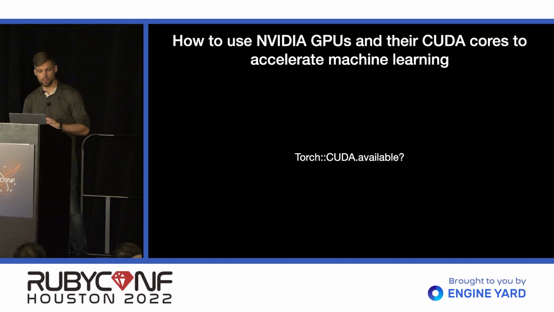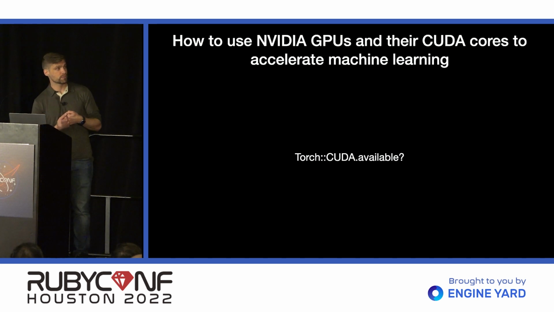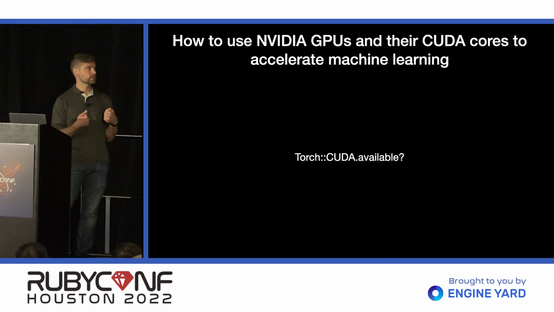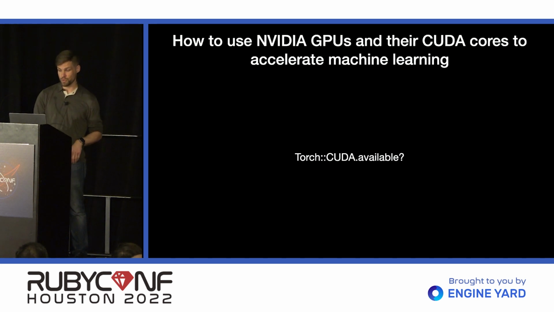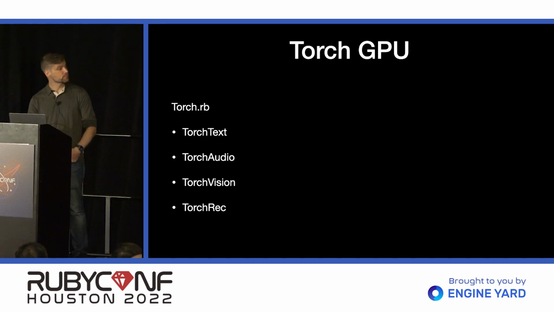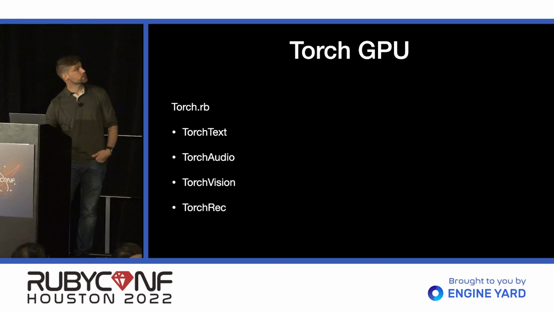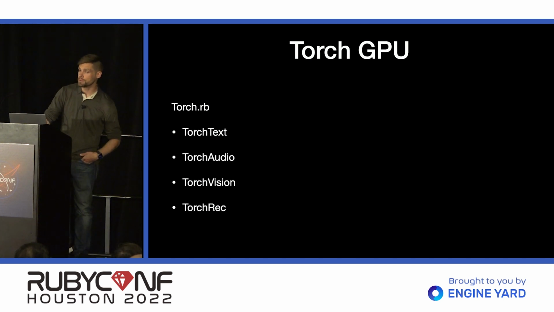It's a great API. OpenCV supports CUDA, TensorFlow supports CUDA, PyTorch supports CUDA, and now we can access CUDA cores with Ruby.